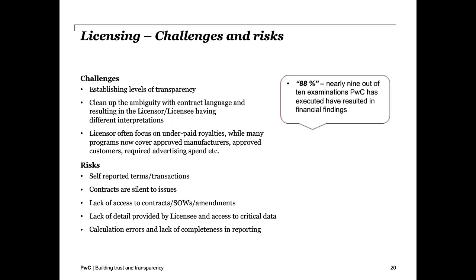Before we get into IP licensing related arrangements, I did want to mention that IP licensing is just one example of a revenue-based agreement that can pose not only extensive risk but also what I would call opportunity for revenue recovery.